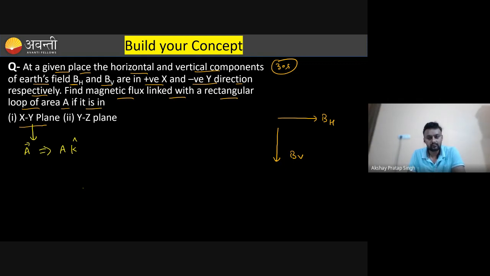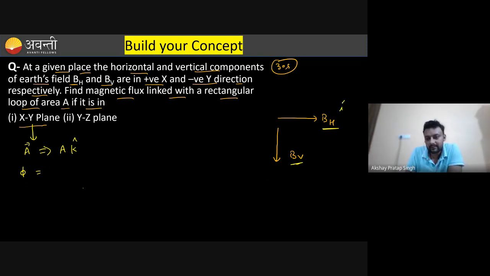Clear? Okay. Now you have to find the magnetic flux phi. There are two fields. One is horizontal BH, one is vertical. Can you see that for both the fields, the angle between the magnetic field and the area vector is 90 degrees?